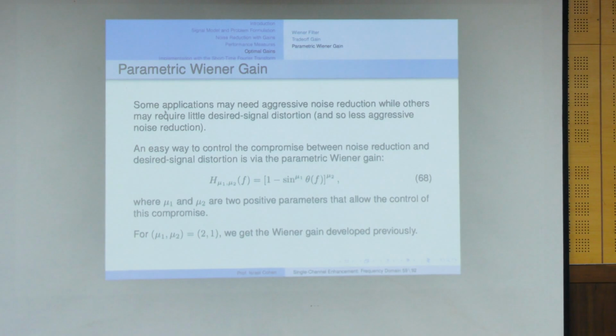Now let's talk about the parametric Wiener gain. Now that we have defined it, actually we can do even more than that, but I want to give you some intuition about the things that you can do.